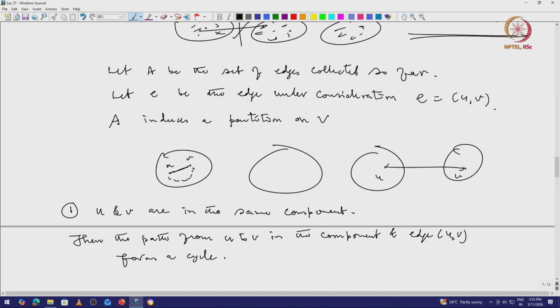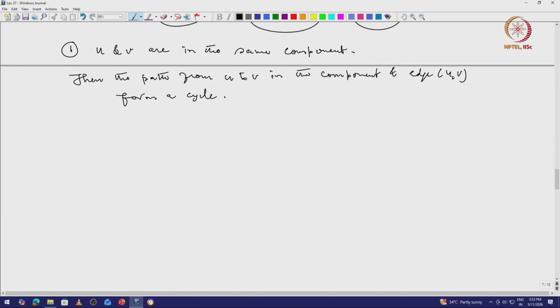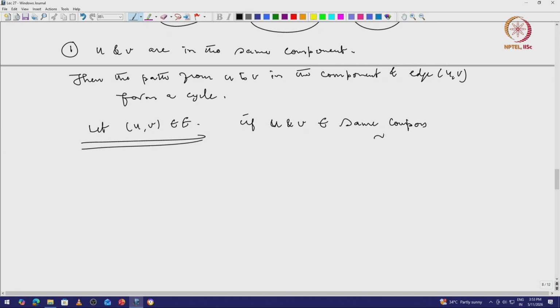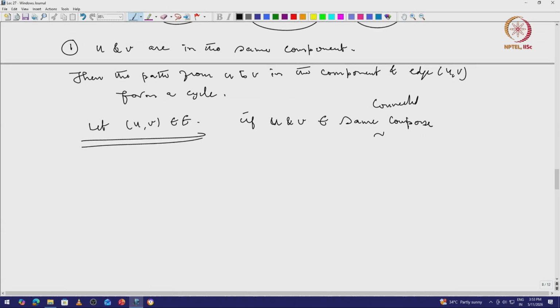That is the reason why what we do is this. Let (U,V) belonging to E be under consideration. If U and V belong to the same connected component of A, then ignore UV.